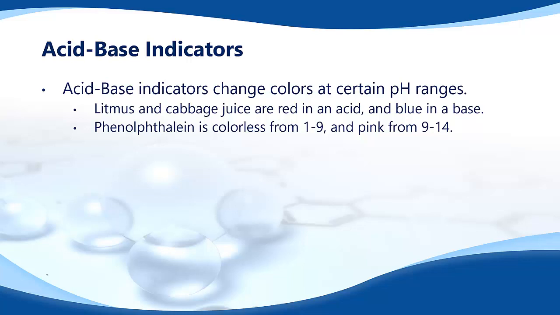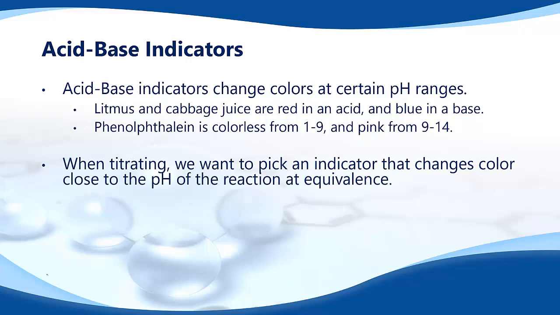It looks kind of like red wine, or maybe a very diluted cherry or strawberry Kool-Aid kind of color. Right, so it's clear, clear, clear, clear, clear, pink. Right, so that's one of the reasons why we like using phenolphthalein. We use it over indicators like litmus or cabbage juice because of that very distinct change in color.